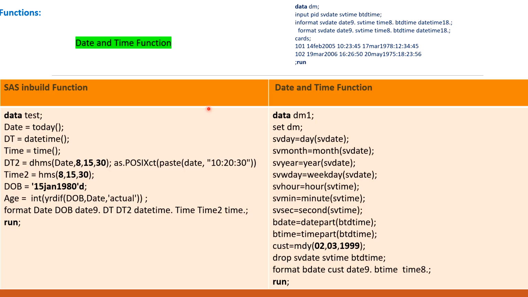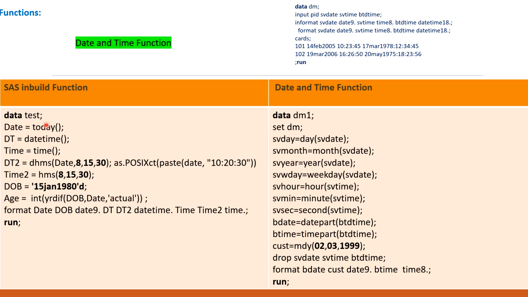In SAS programming and R programming, date and time functions are available. First we'll discuss date and time functions in SAS, then later in R. Here are the date and time functions in SAS. SAS inbuilt functions: if you want to get the system date, we need to write today.